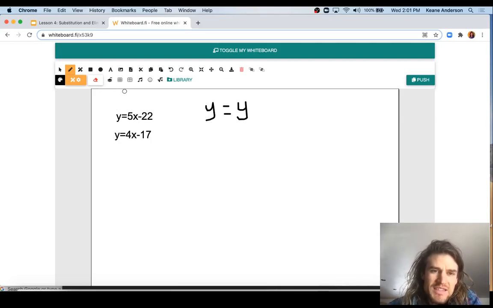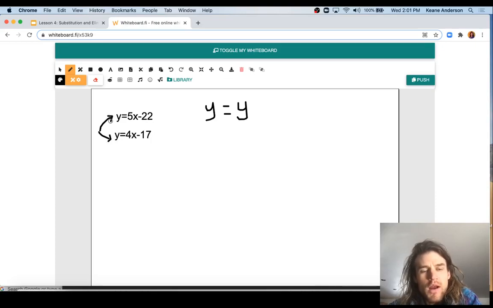But here we can take advantage of the fact that y equals y, because we have two y's. We've got y equals 5x minus 22, and we've got y equals 4x minus 17. So what we can really say is ultimately 5x minus 22 equals 4x minus 17.